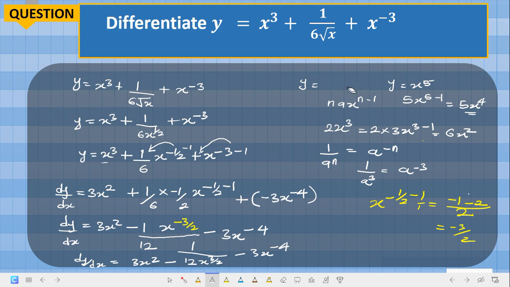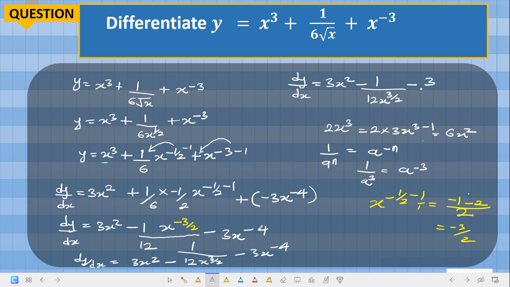So at the end of the day, your final answer would be equal to, if we write what is there, we said our dy dx will be equal to 3x squared, then we have minus 1 all over 12x to the power of 3 over 2, then minus, even this x raised to the power of 4 can still come down.